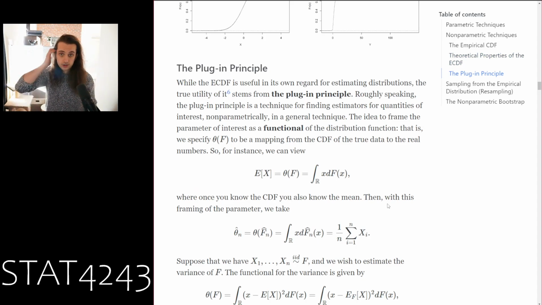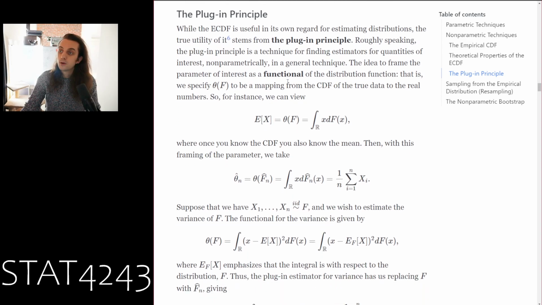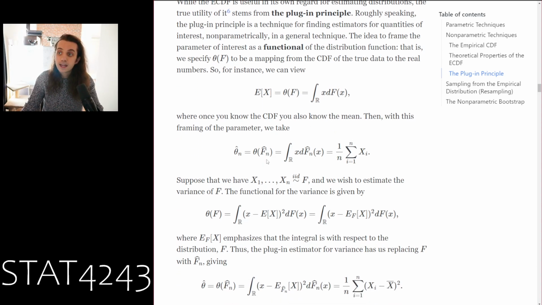Again, I would encourage you to read through these in a little bit more detail. What we're thinking about is any functional that we want to specify here, for instance the expected value, then the idea is that we can take our estimator to be given by the plug-in estimator, where we plug our empirical CDF into the functional, right?